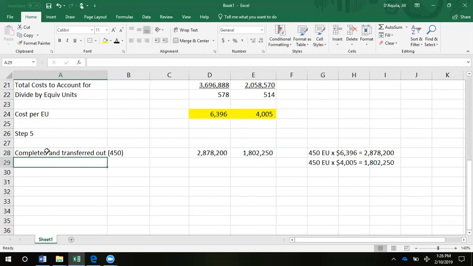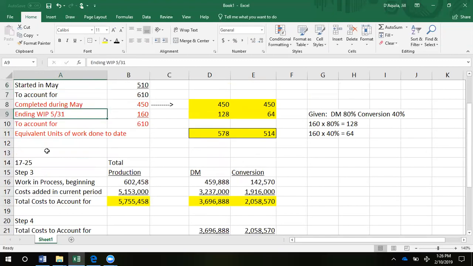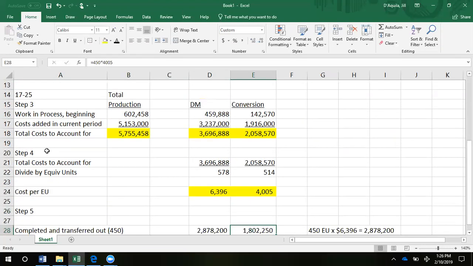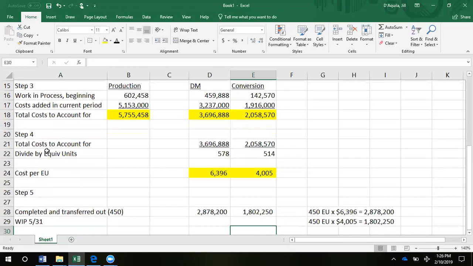We also want to find out work in process at the end of the month. So we will go back up here. We had 160 units, but in terms of equivalent units, 128 equivalent units for materials, 64 equivalent units for conversion. And we're going to use the same dollars that we figured out over here, cost per equivalent unit.